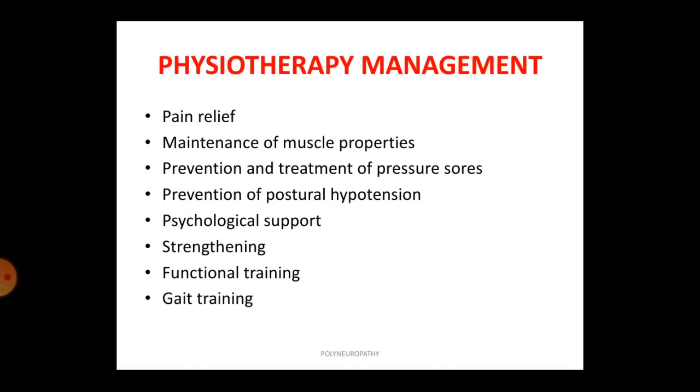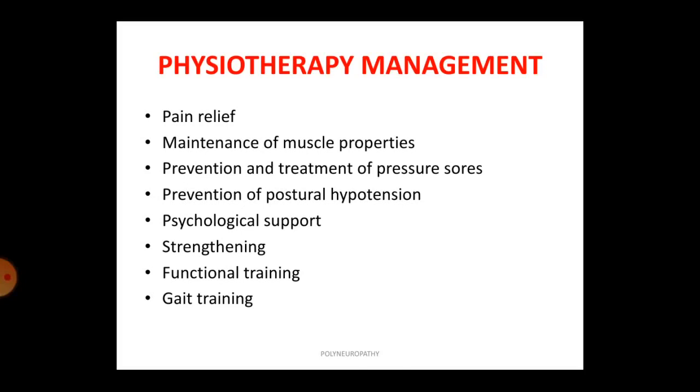And gait training. Gait is very important to maintain mobility. Just imagine yourself, if you are not able to walk, or if you are intentionally made to sit for 4 hours or 8 hours when you are traveling by train or by air, we cannot maintain, or we don't like to sit in one position for more than 2 hours or 4 hours.